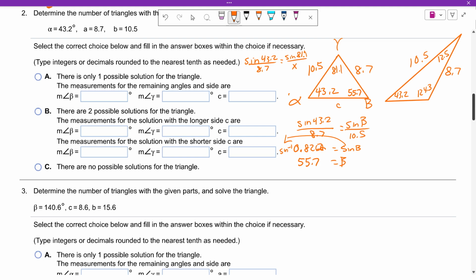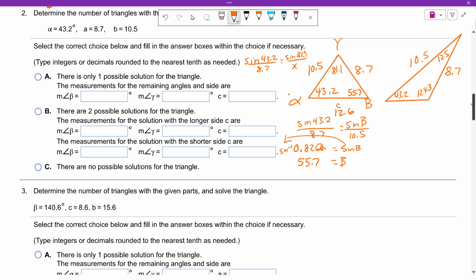So take 8.7 times the sine of 81.1, press equals, divided by the sine of 43.2, press equals, and you get C. And C should be bigger than 10.5. What do we get for C? 12.6? Sounds good to me.